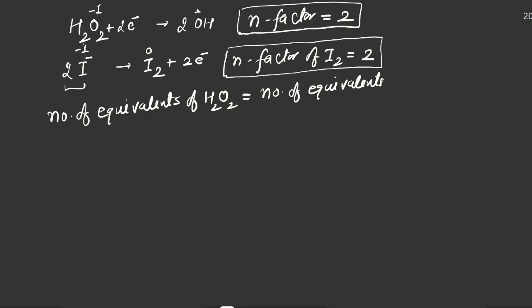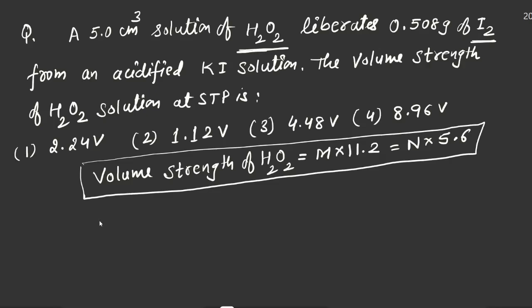So in OH negative as well as in H2O, in both cases it is -2. तो उसको बैलेंस कैसे करेंगे? उसको बैलेंस कर देते हैं. देखो, you have H2O2 to give H2O.